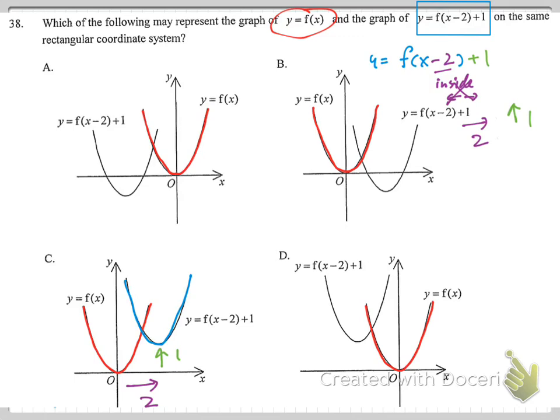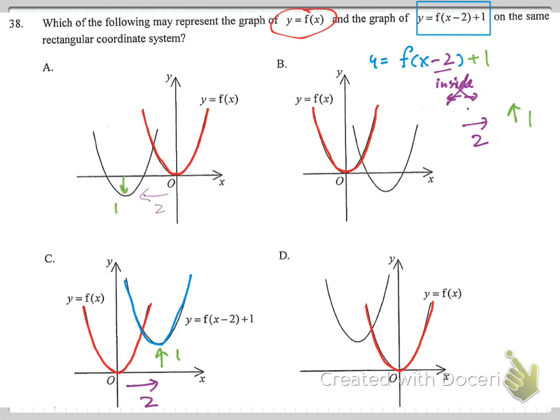But there are 4 graphs as well, right? Maybe we look at what the equations for the other graphs are. For example, answer A. Alright, how do you arrive at A? From the red graph, first of all, you move to the left-hand side by 2 units, and then you move down by 1 unit.